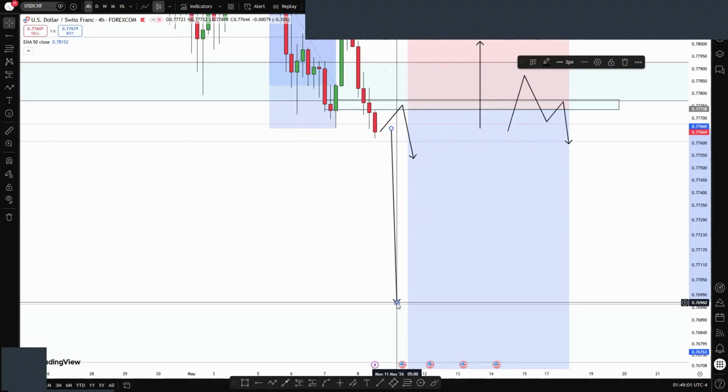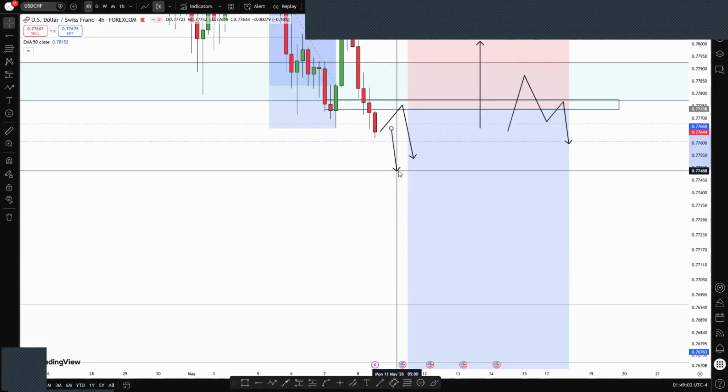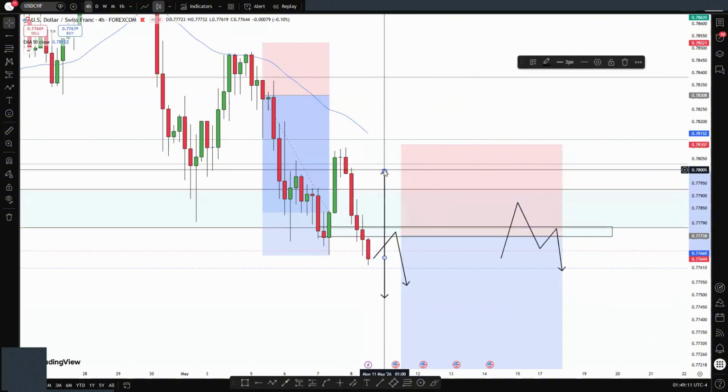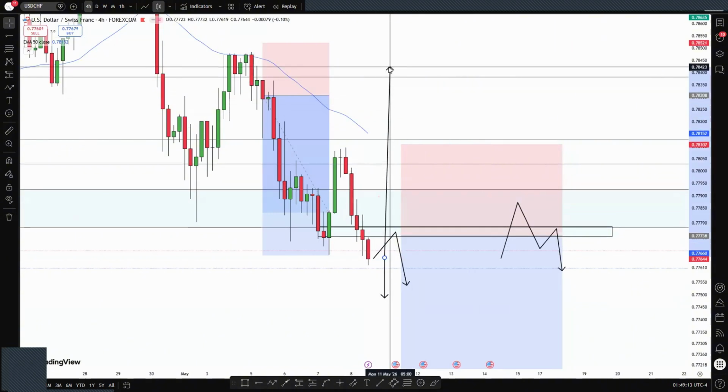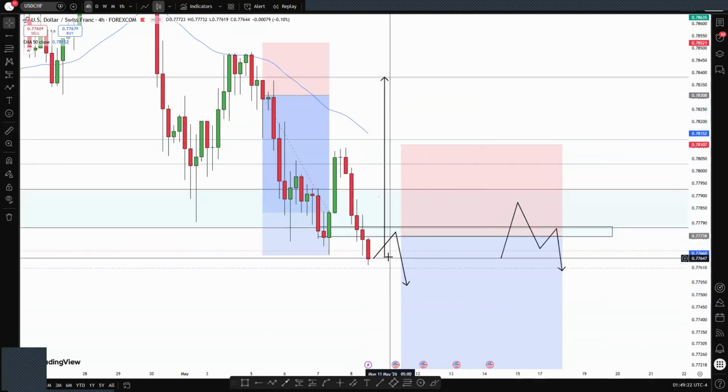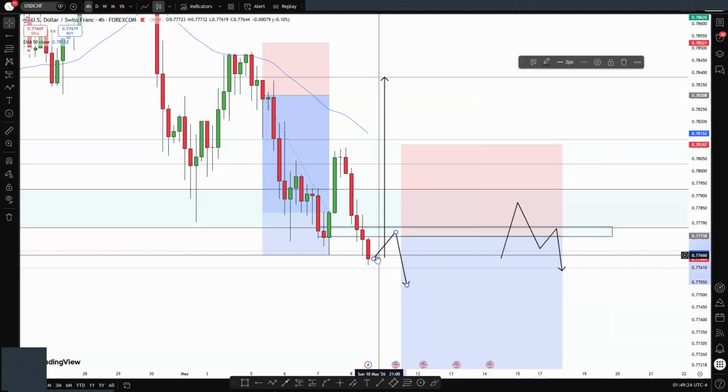And then price might as well do one more thing, which is just from here on a Monday, we get a straight push. But the question is, this one you'll miss, this one you get the nice entry.